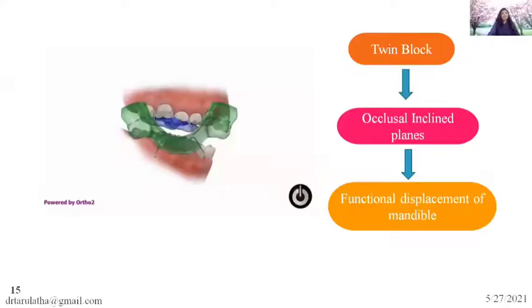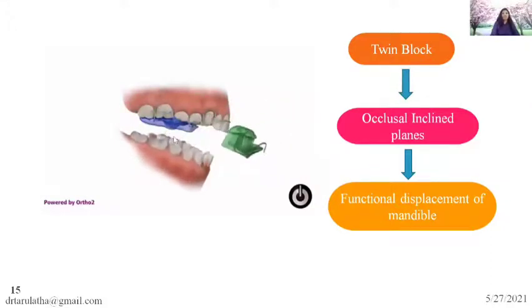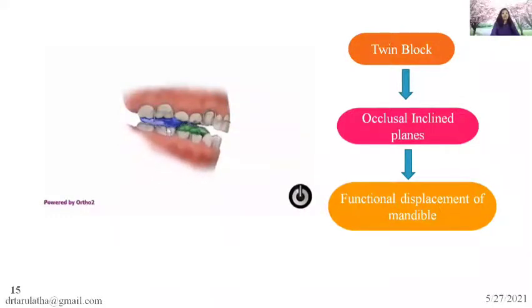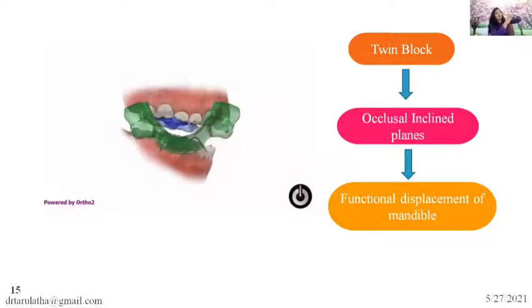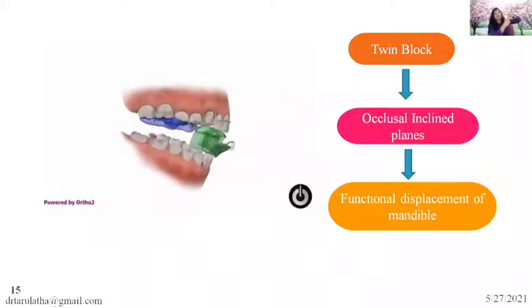And the other thing which happens in twin block is when you give a twin block, you are obviously bringing the mandible into a forward position, and then you are making it lock. When it gets locked, what is happening is, this is your condyle and this is your glenoid fossa. You are going to disocclude or else unload the condyle from the glenoid fossa.